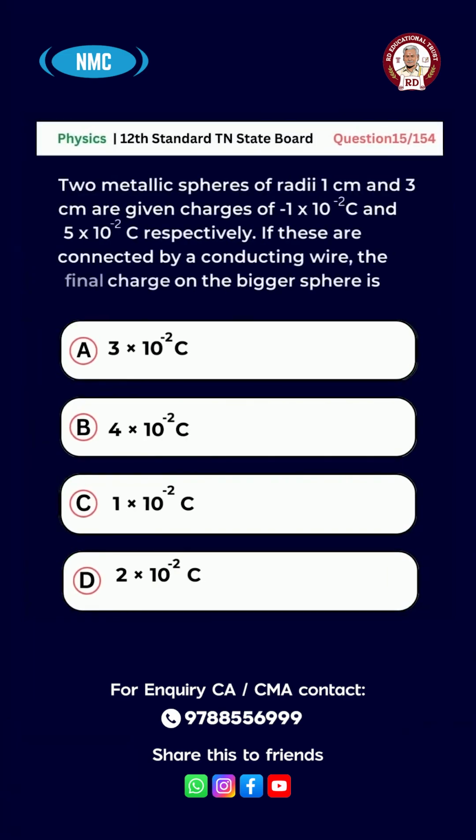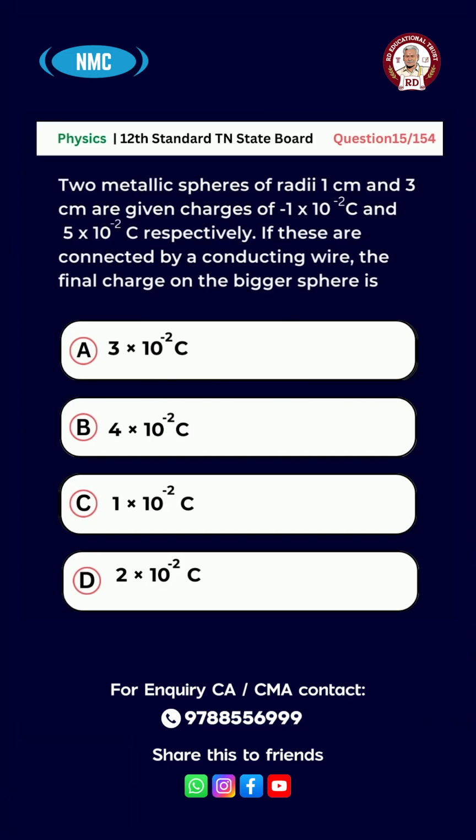Question number 15. 2 metallic spheres of radii 1 cm and 3 cm are given charges of minus 1 into 10 power minus 2 C and 5 into 10 power minus 2 C respectively.